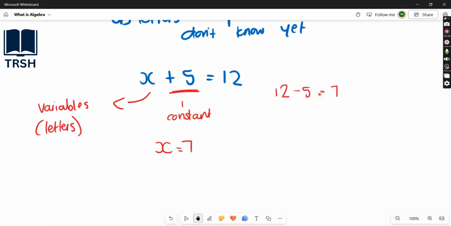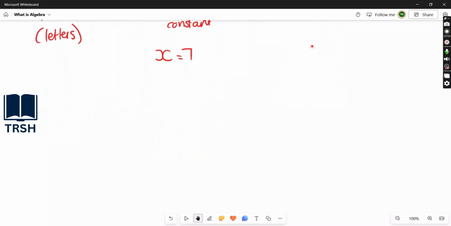So let's look at a real life example. If you go to the shop and buy airtime and snacks, you don't always know the total immediately, unless you have your calculator open and you're checking the price tag and adding it up as you go. Then technically you would know how much you're going to pay. But let's say you don't do that, okay? So let's say you get some airtime.